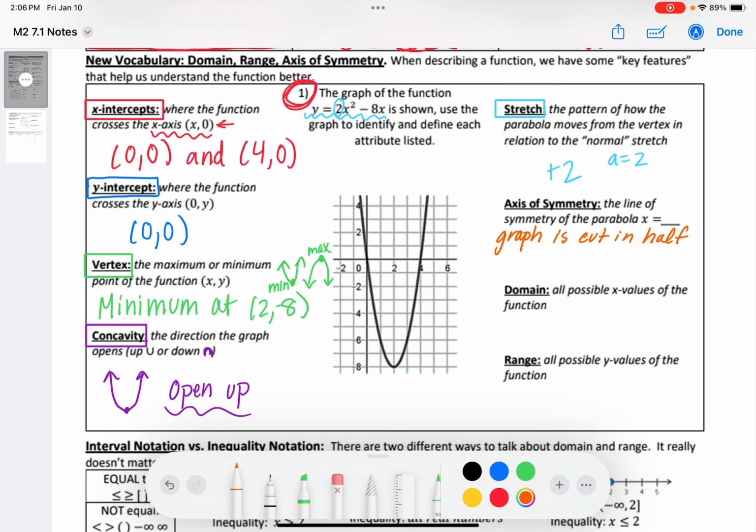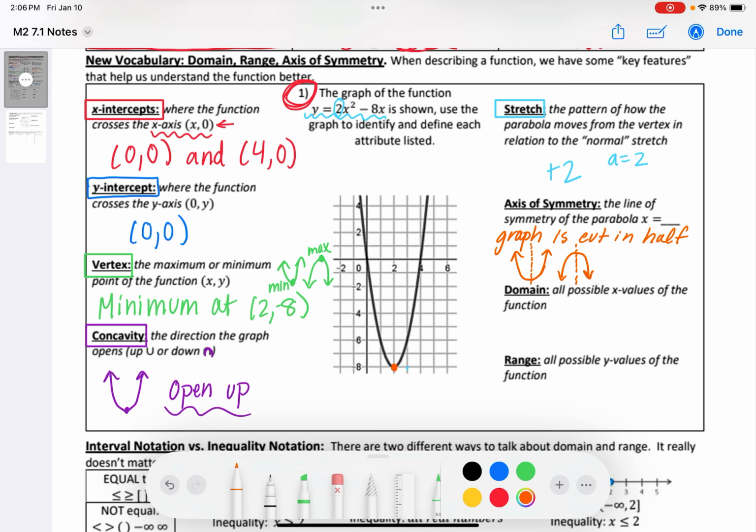For example, if I have a graph right here that opens up, where the graph cuts in half is right here. It's symmetrical, because when you fold it in half, the lines align to each other. So that is my line of symmetry. It's where you cut your graph perfectly in half, and it's usually where your vertex is.